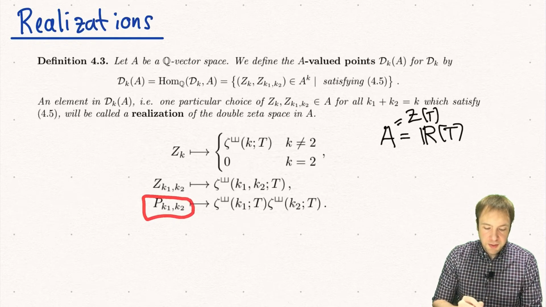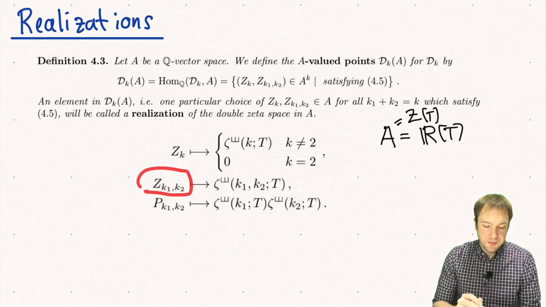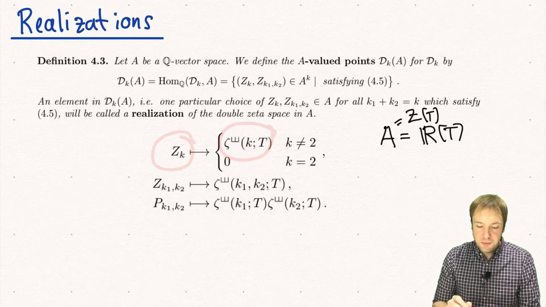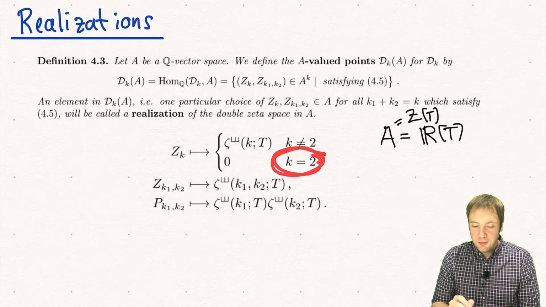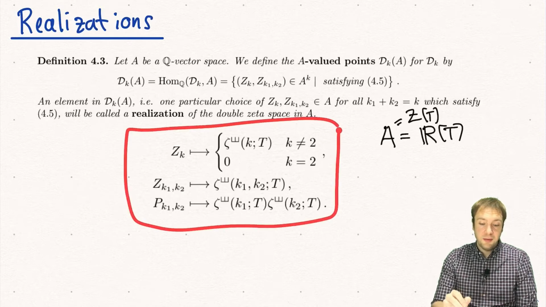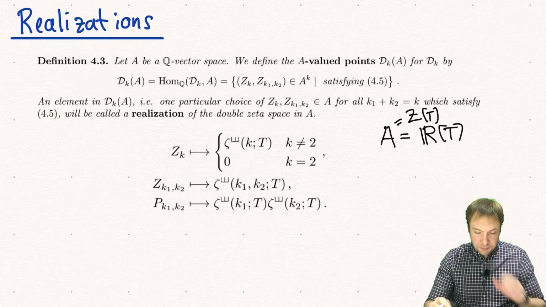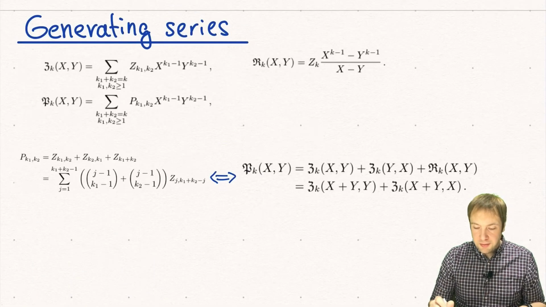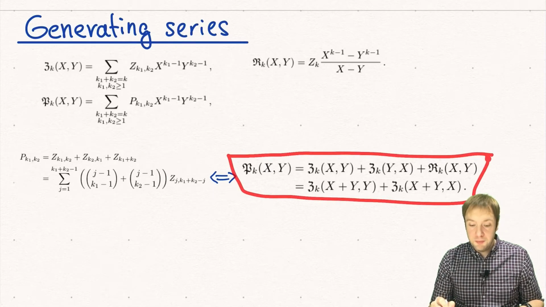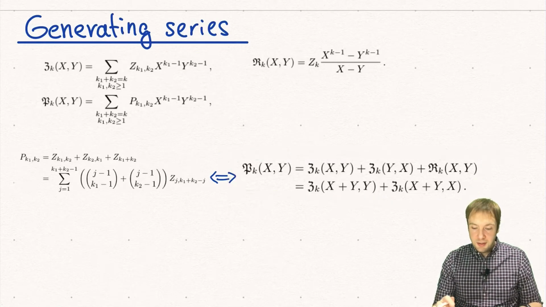And then if we send this pk1, k2 to the product of the shuffle regularized zeta values, zk1, k2 to the double zeta value, and zk to the zeta value, except for the weight k equals 2 case, because there we know that Z2 always needs to be 0, then we see that this gives a realization of the formal double zeta space. And this just follows from the fact that the generating series of these shuffle regularized double zeta values satisfy exactly this relation here.